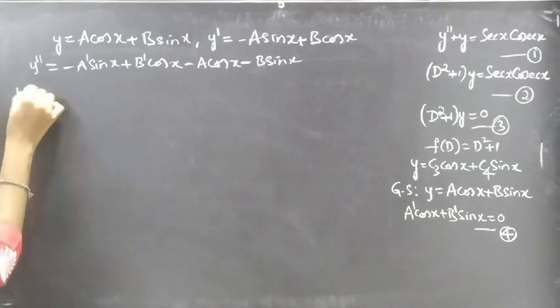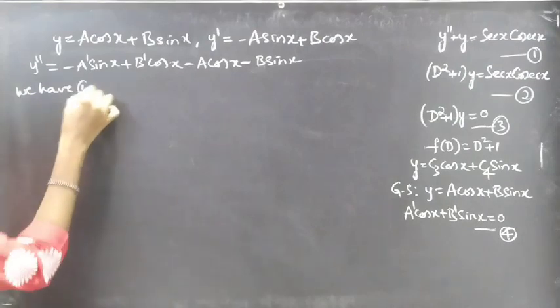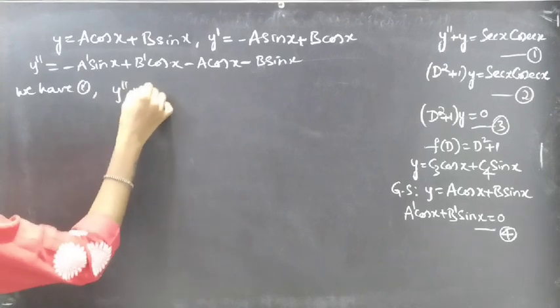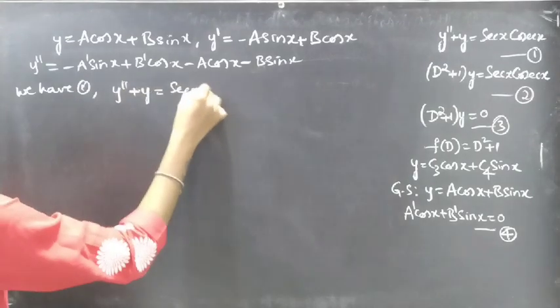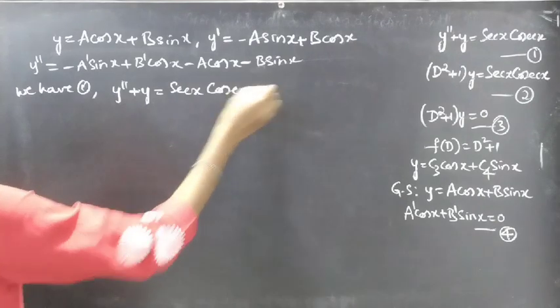We have equation 1, y double dash plus y equals secant x cosecant x.